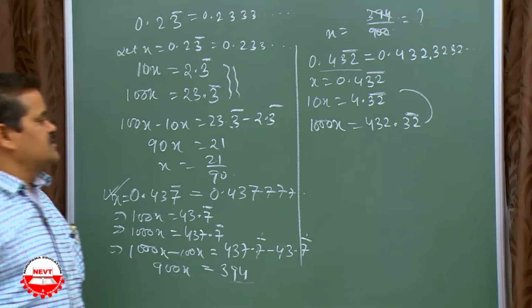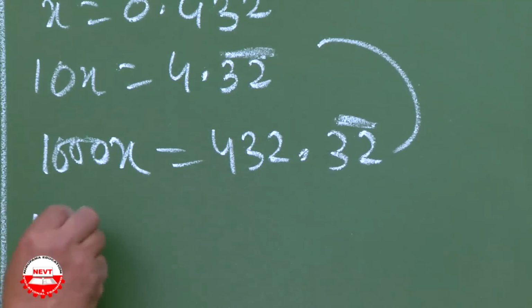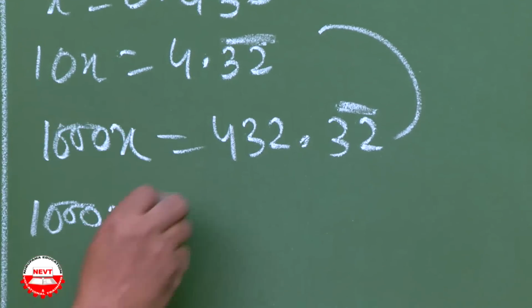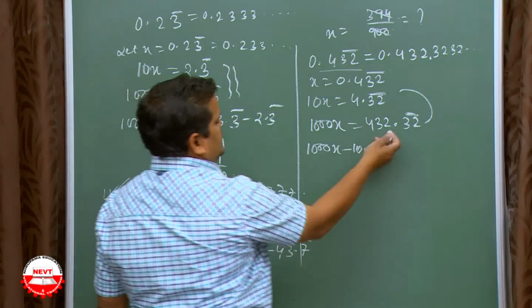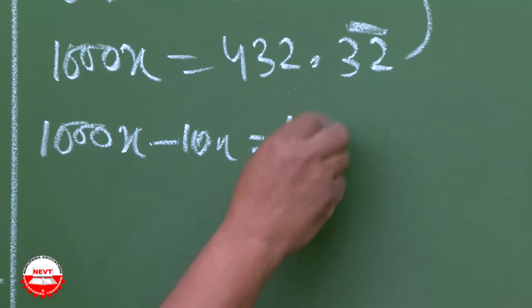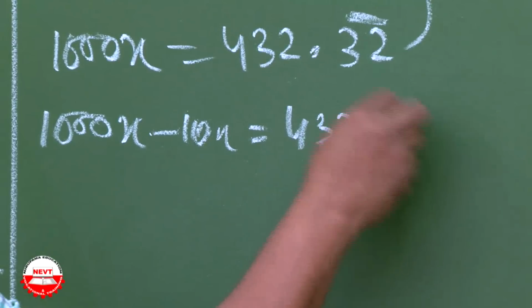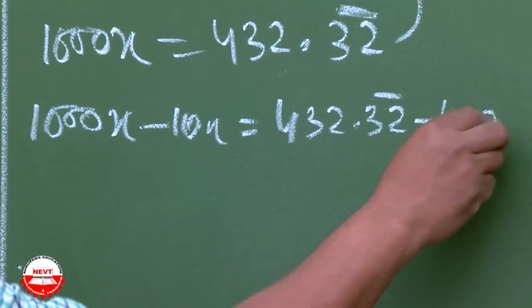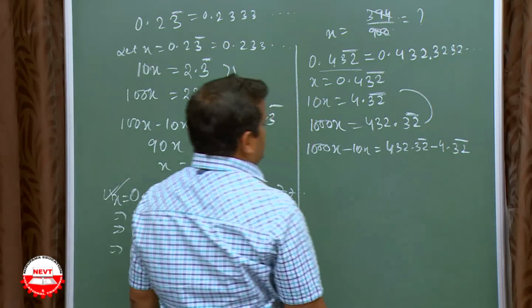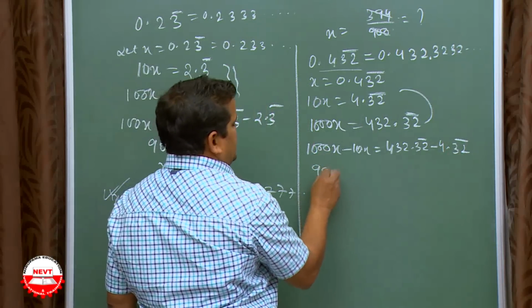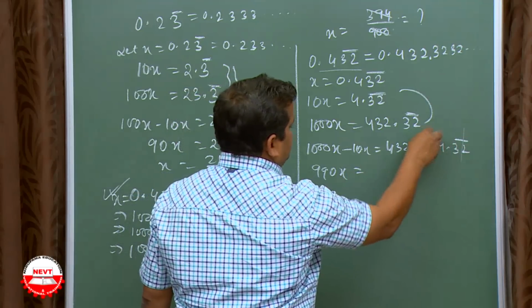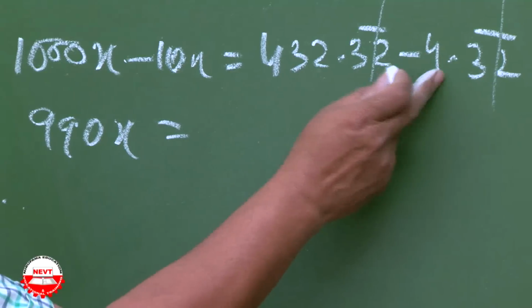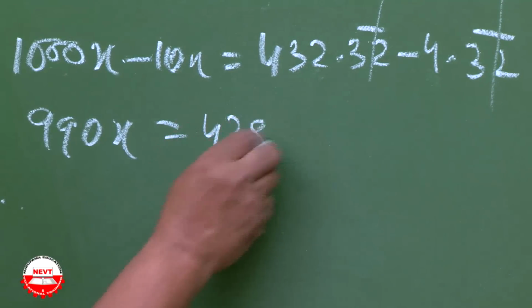So 1000x minus 10x is equal to 432.32 bar minus 4.32 bar. Here it is 990x, the bar cancels, and 432 minus 4 is 428.